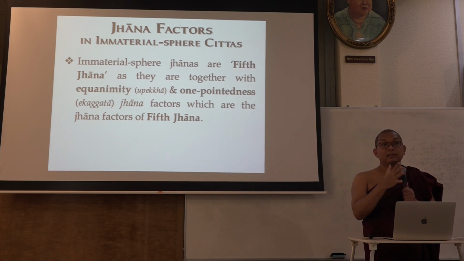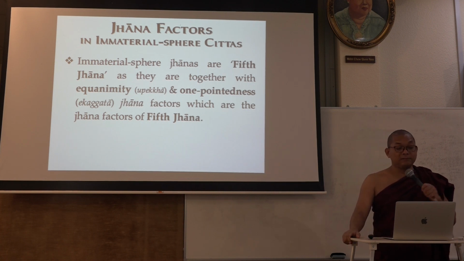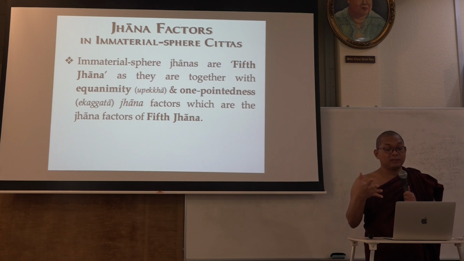So equanimity in the fifth rupa jhana chaitas and equanimity in the first arupa jhana are not the same. Equanimity in the first arupa jhana chaitas is more tranquilized, softer, more settled. So even though they have the same jhana factors, the degree is different. One-pointedness in the arupa is more powerful, more stable.